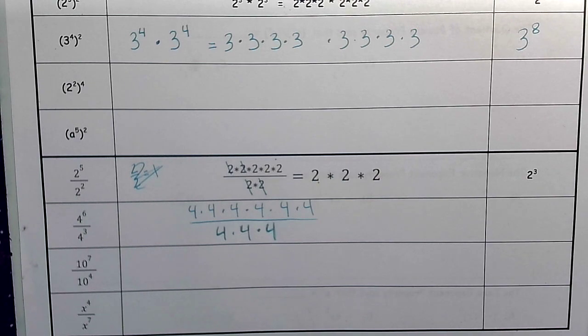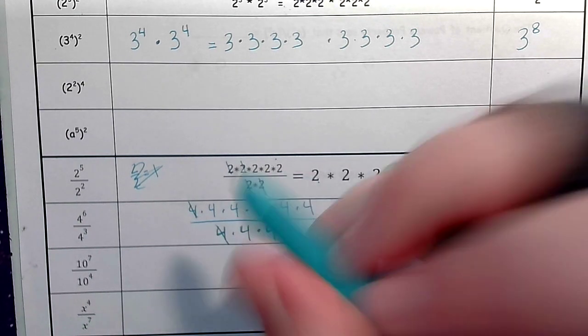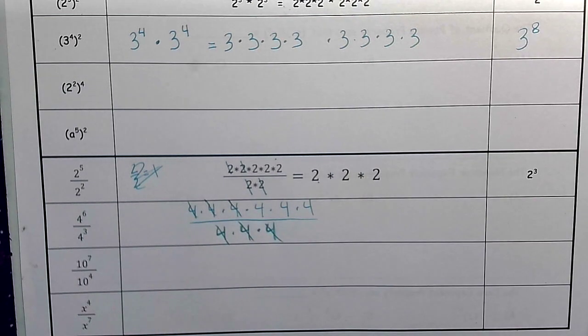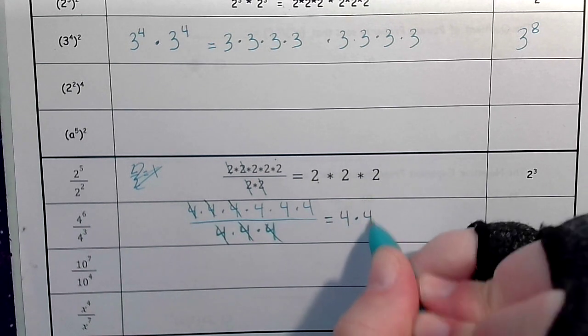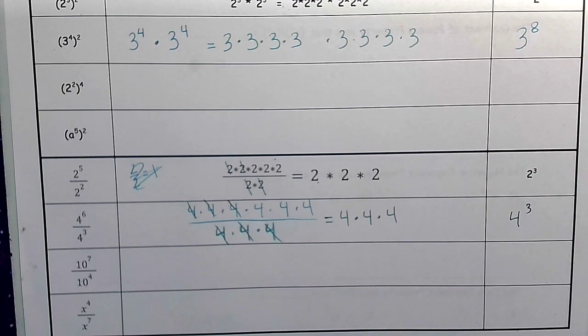And again, since anything divided by itself is 1, we can cancel out anything that we have exactly enough in the top and the bottom. So 3 sets of 4 cancel, and we're left with just 4 times 4 times 4, which is 4 to the third.